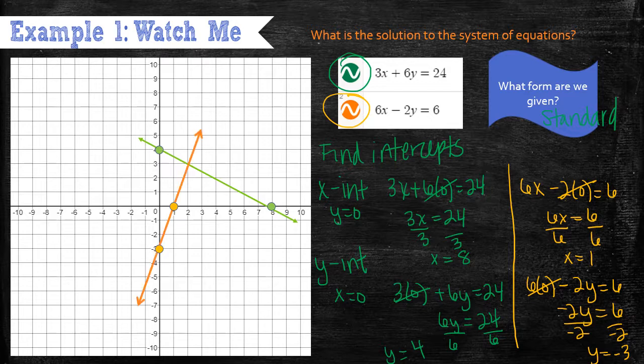We can go ahead and graph that line. Now we're trying to find the solution, okay? The solution is where the two lines intersect. In this case, you can see right here where they intersect, that point is at, we're using an x, y, so over 2 and up 3. So my solution to number 1 is 2, 3.